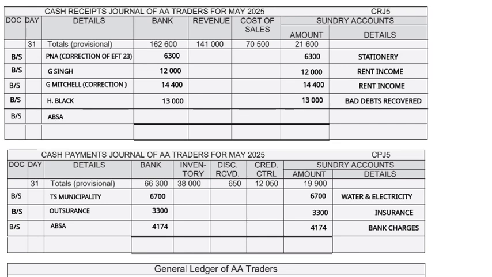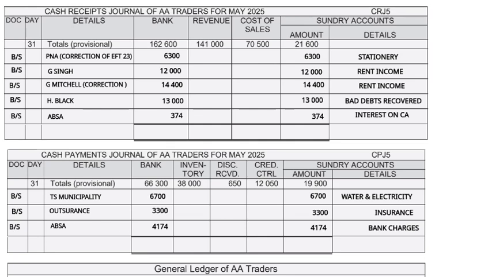Again, it's ABSA, 374 in bank, 374 in sundries, and our details will be interest on current account. It's a favorable interest, interest on favorable bank balance. A credit interest on your bank statement is a favorable interest that goes to your cash receipts journal.